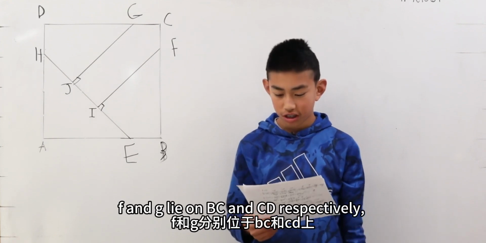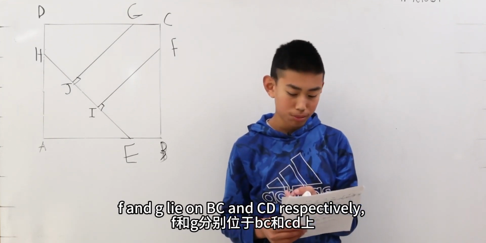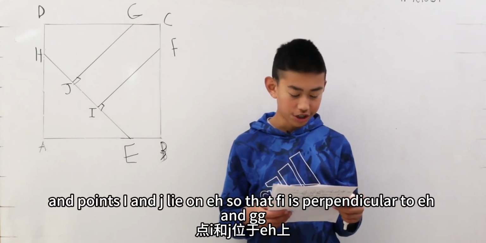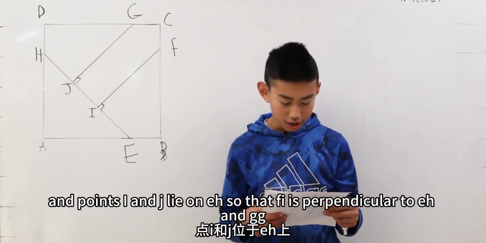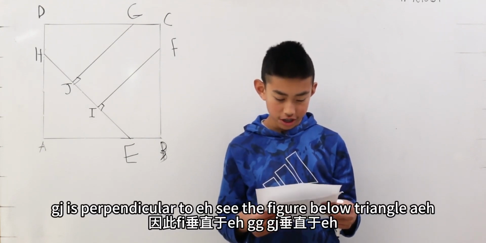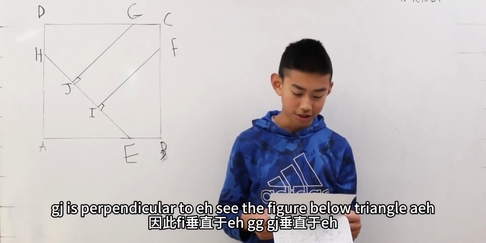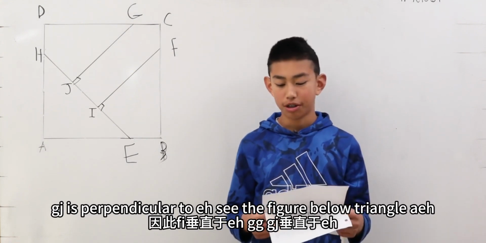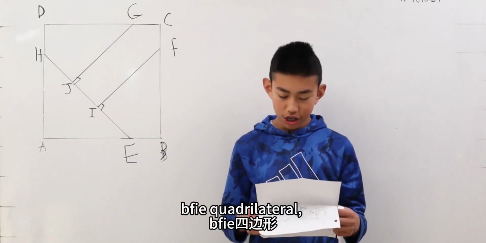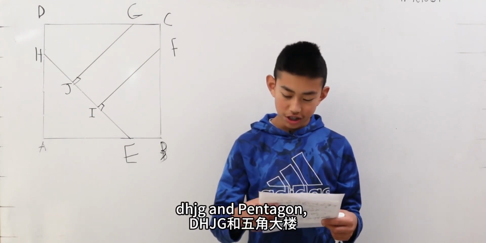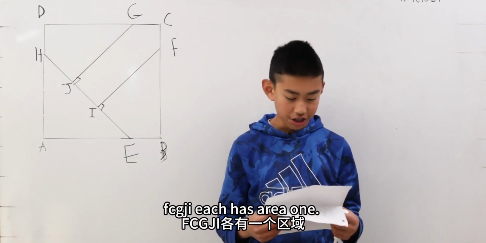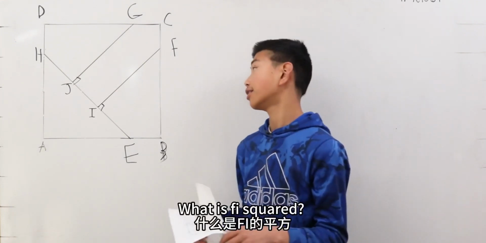Points F and G lie on BC and CD respectively, and points I and J lie on EH, so that FI is perpendicular to EH and GJ is perpendicular to EH. See the figure below. Triangle AEH, quadrilateral BFIE, quadrilateral DHJG, and pentagon FCGJI each has area 1. What is FI squared?